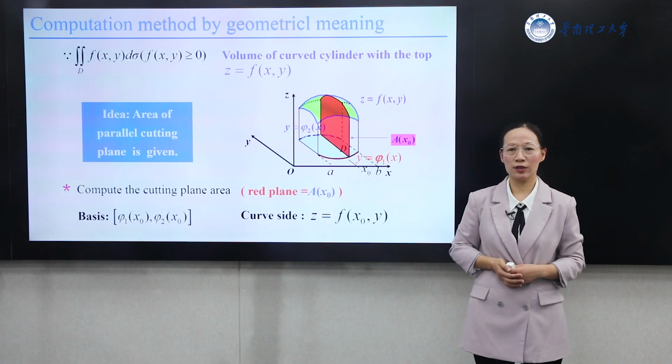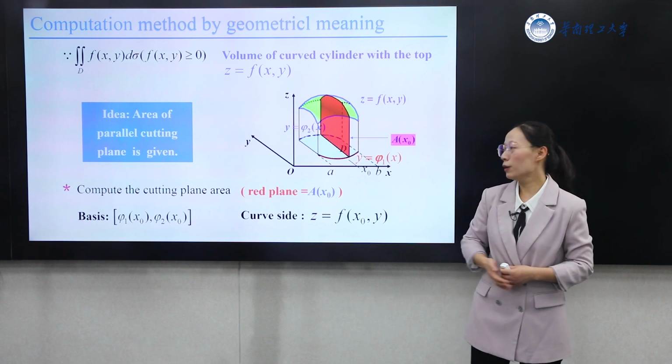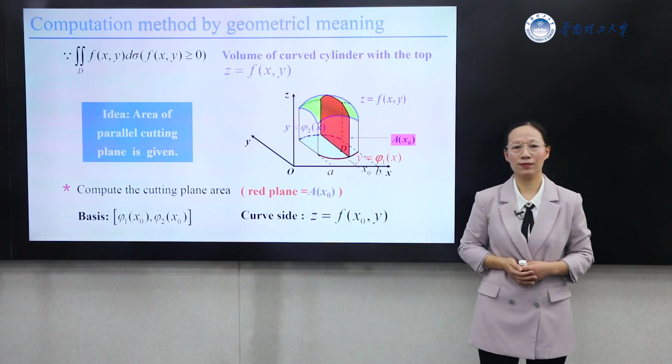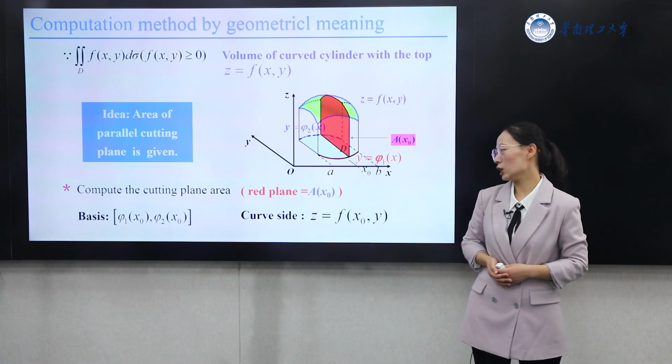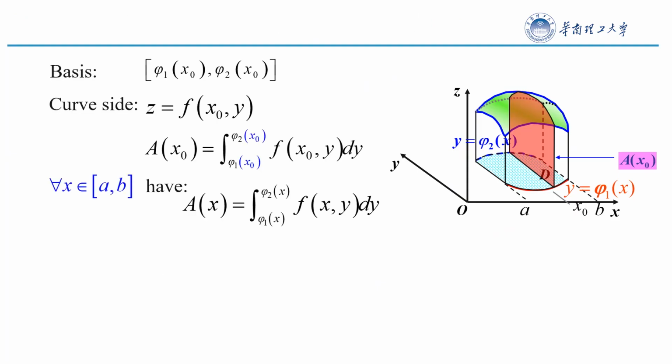We can calculate the area of the cutting plane by a definite integral. y is the integral variable, from phi1(x0) to phi2(x0). The curve function is z equals f(x0,y). So A(x0) is equal to the definite integral of f(x0,y) from phi1(x0) to phi2(x0) with respect to y.